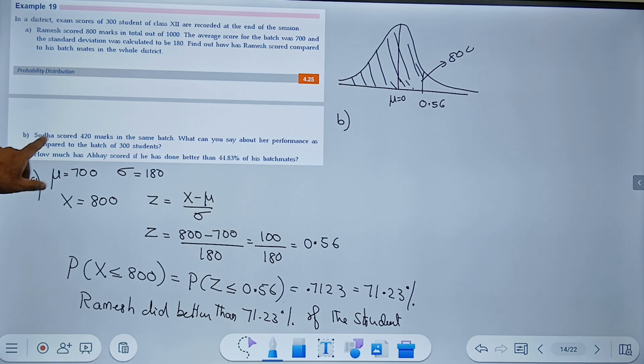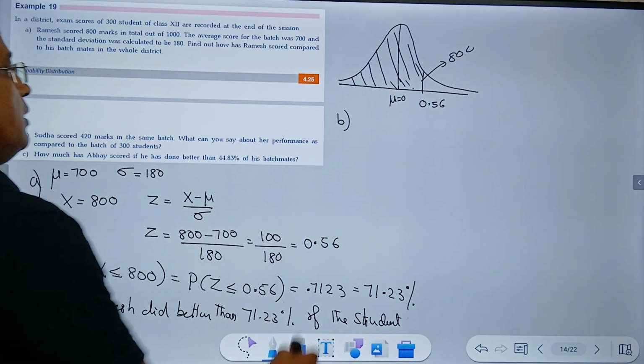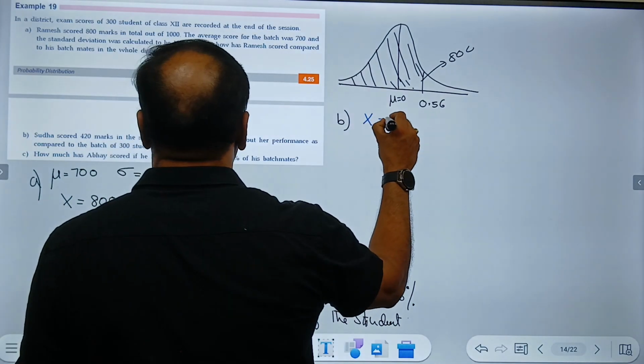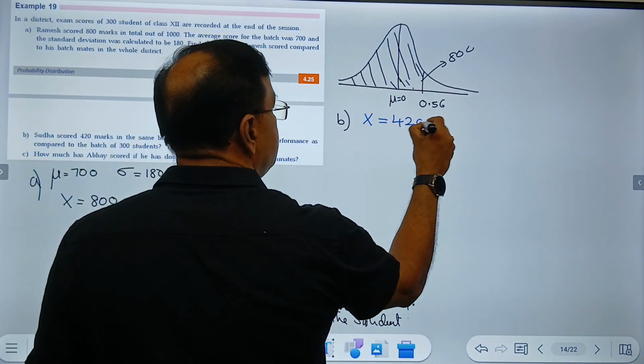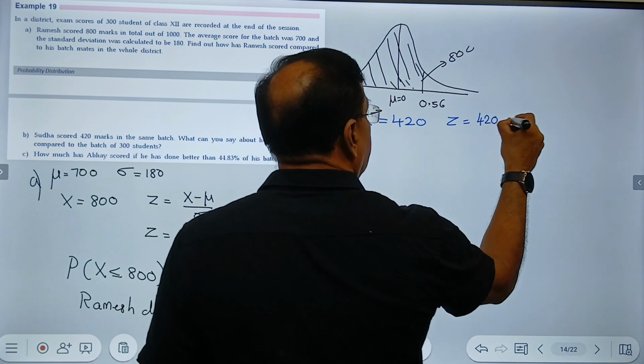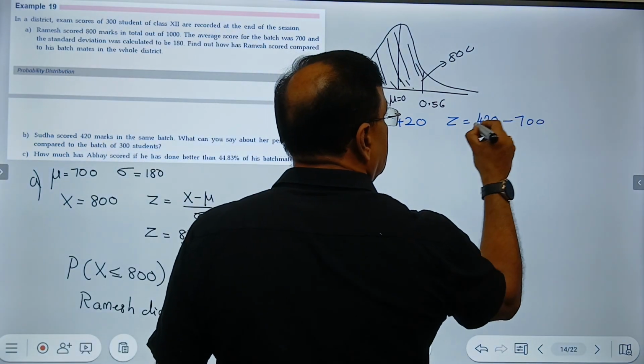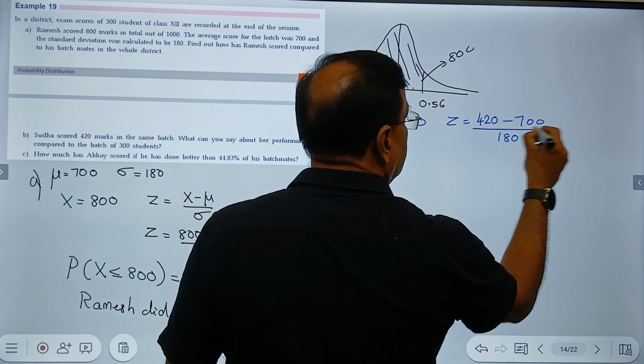Sudha scored 420 marks in the batch. What can you say about her performance as compared to the batch of 300 students? Okay. So here the score is 420. So what is the Z score? 420 minus mean, which is 700, over standard deviation 180.